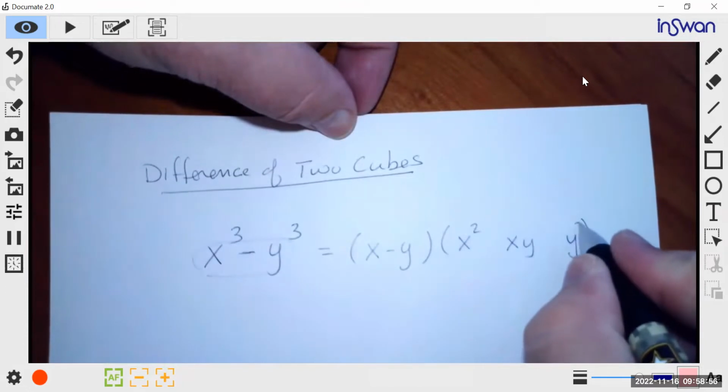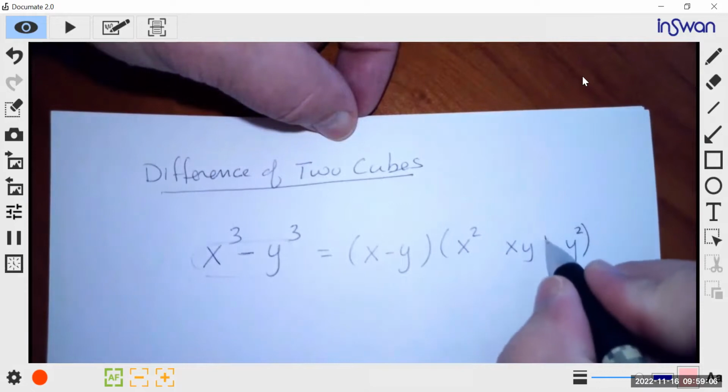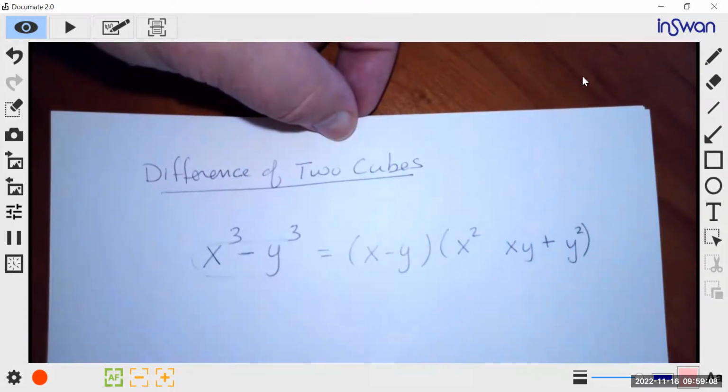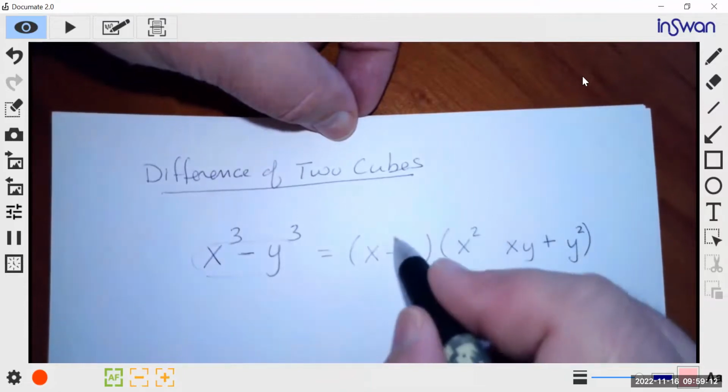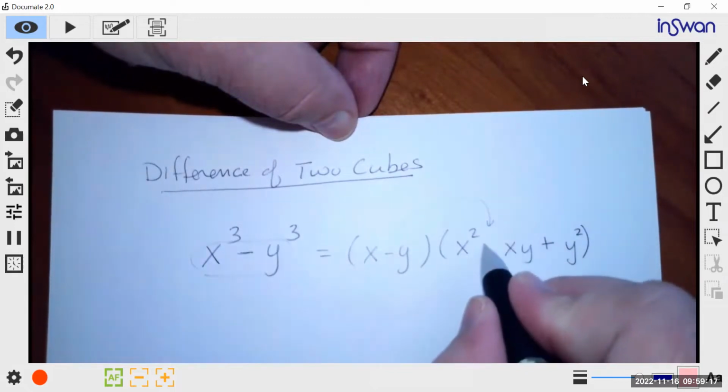The first and last terms are squared. The second sign is always plus. The first sign is opposite. This sign here is opposite of where this one is.